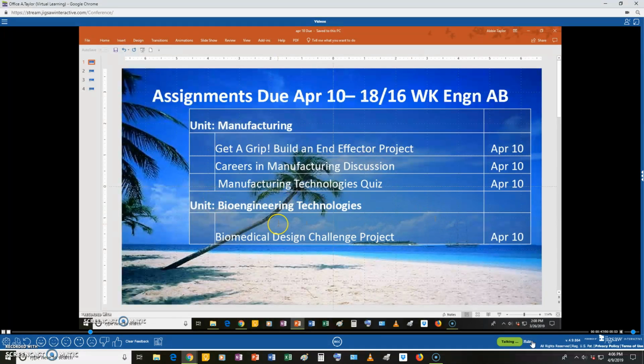Then the other thing you have is a bigger project than the gripper. So you got two big projects. One of them is the biomedical design challenge project. In this case, it's similar to building a gripper, but you are actually doing some research and building a model of a device that can help someone with osteoarthritis specifically to plug and unplug from an electrical outlet.